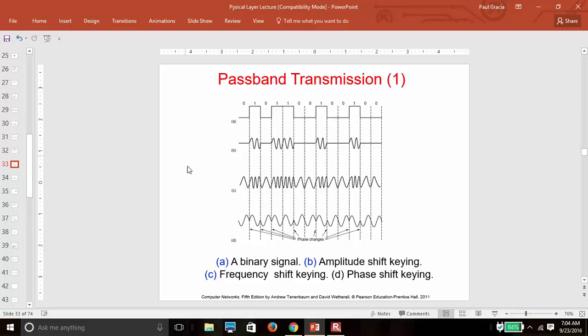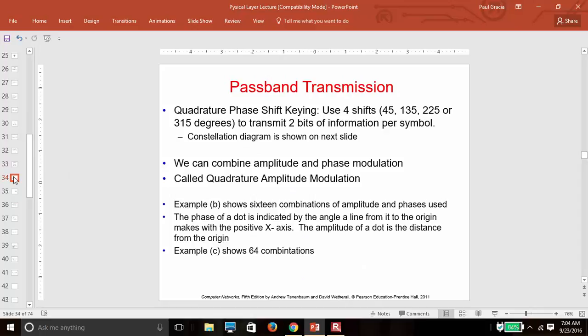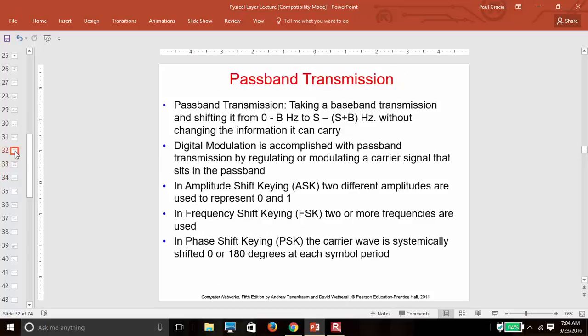So those are the basics of passband transmission, which we can add to. Some of the ways that we can add to that is, for example, if you look at our phase shift keying, let's go back over here for a second. We said with phase shift keying, we shift 0 or 180 degrees.